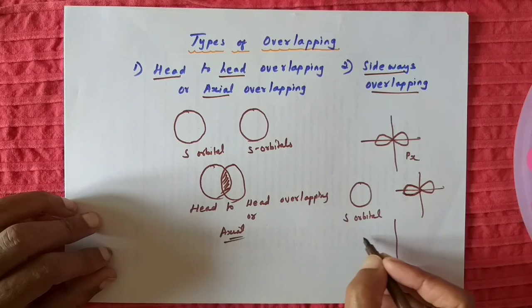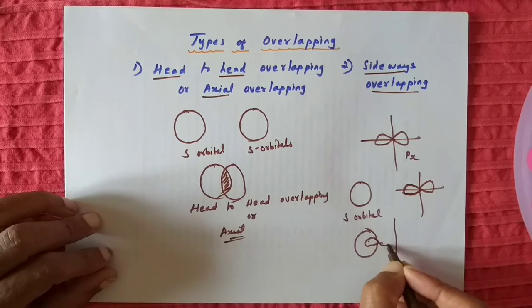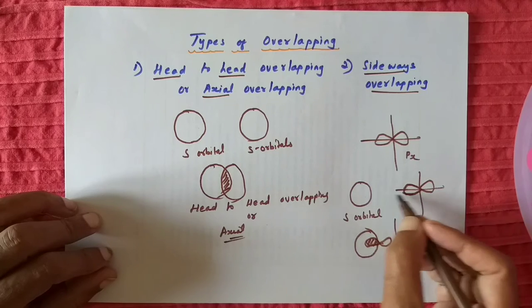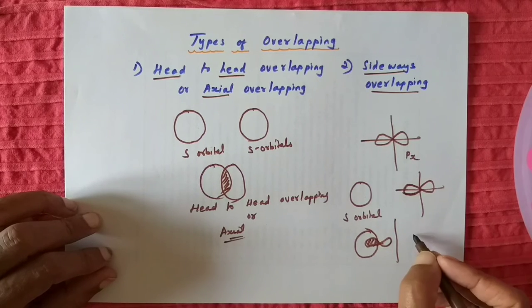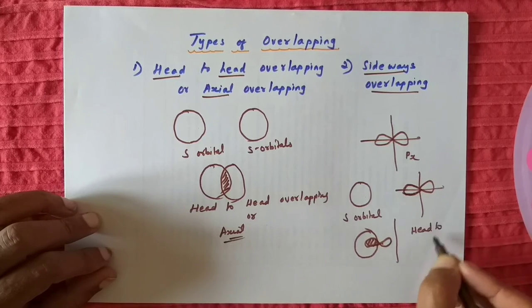I can write like this, and you can have an idea like this, s and p. Once again, we call this head to head overlapping.